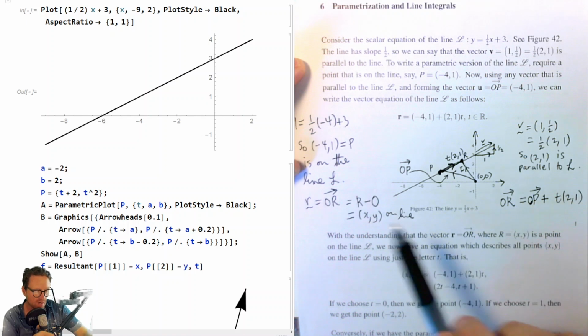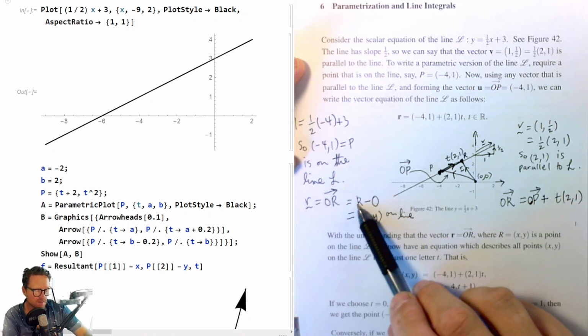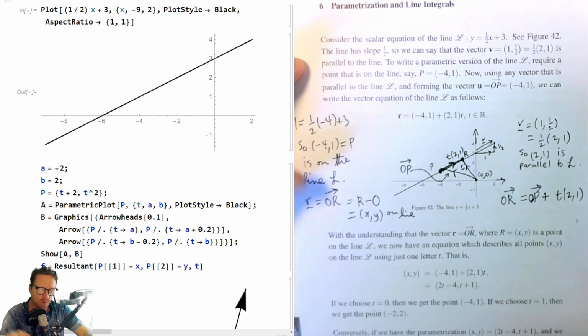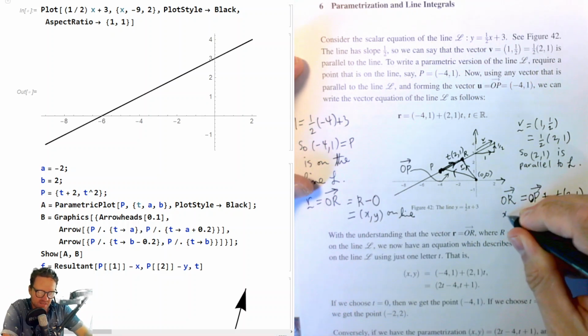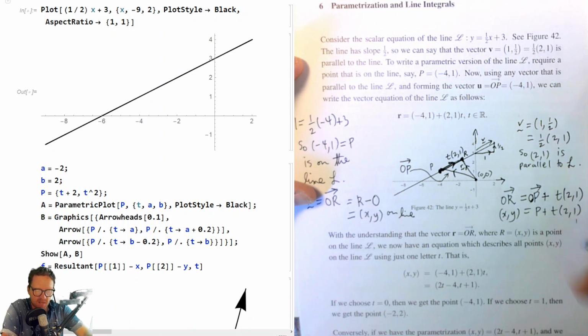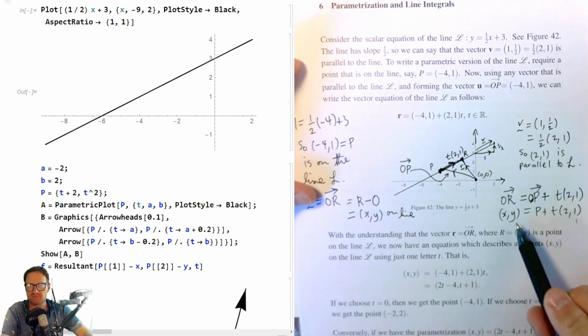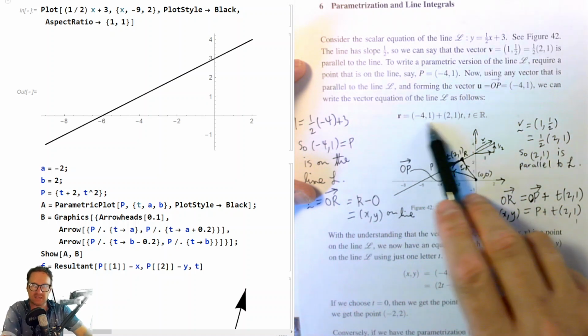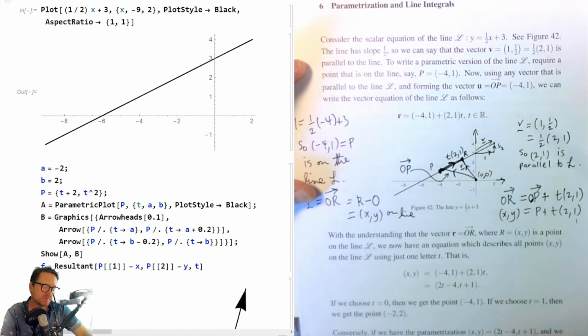But since OR is just r minus o, which is x comma y, we have x comma y is equal to p plus t times 2 comma 1. And this gives us a description of points on that line, right? Now if p is equal to minus 4, 1, well then we get exactly this. And so it describes points on a line, but it's also a vector equation.